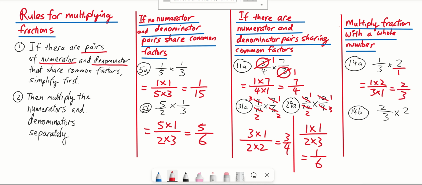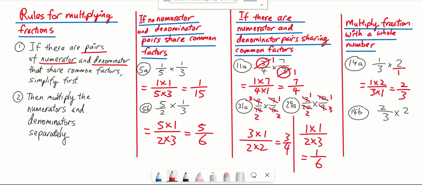Now, sometimes people make mistakes by multiplying the whole number with both the numerator and denominator.